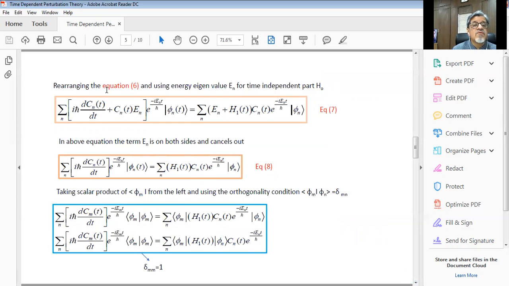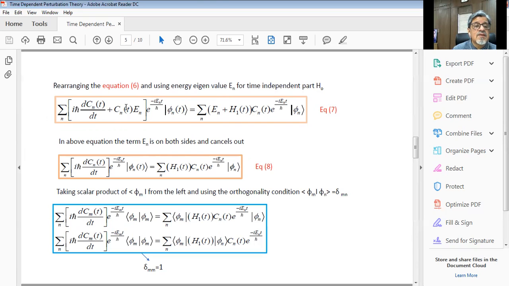So, rearranging equation 6 and using the energy eigenvalue En for the time independent part of the Hamiltonian, we take the exponential term out of the bracket, and again out of the bracket, and we replace H0 by En as mentioned in our previous slide.